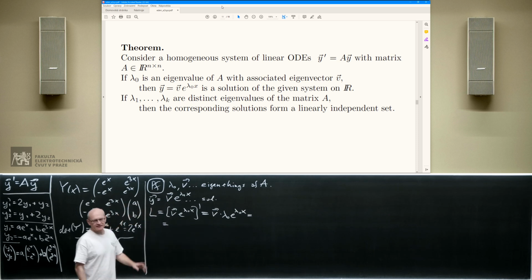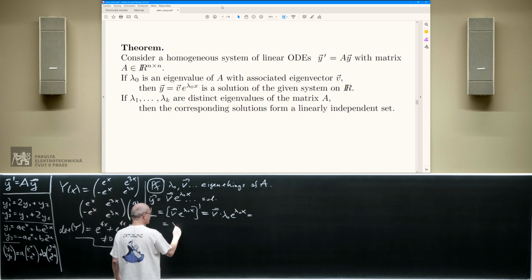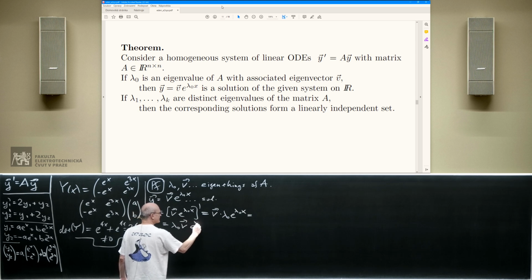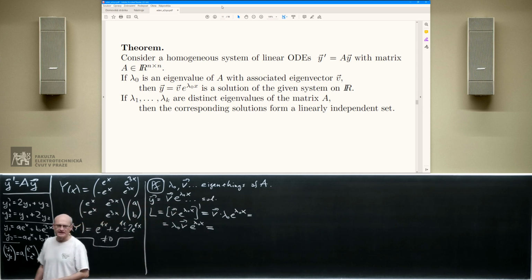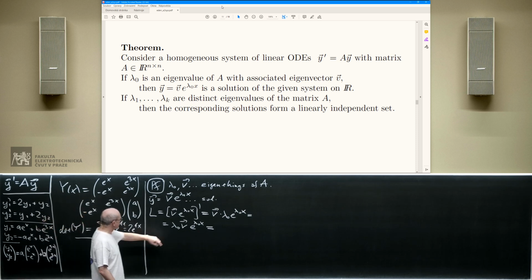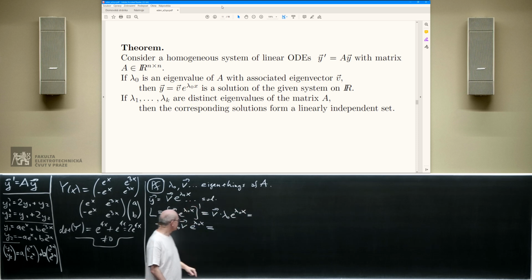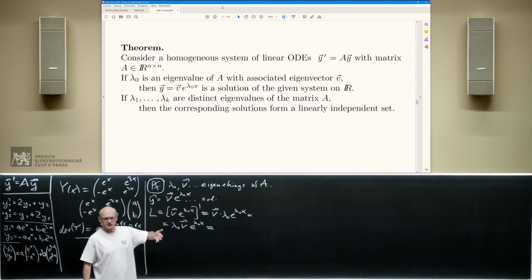Now, let me make a little tiny change. I'm going to switch the order here. This is psychological, of course. Mathematically, it's the same. But now I look at it and I say, oh, wait a second. Lambda naught is an eigenvalue of my matrix A. And v is actually its associated eigenvector.